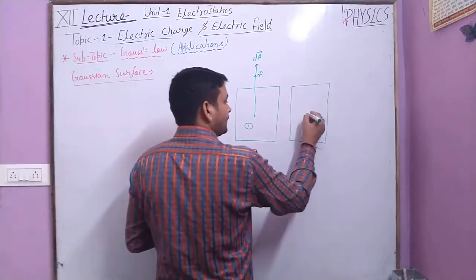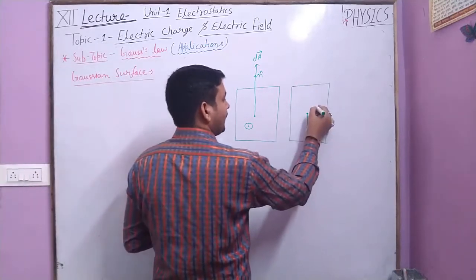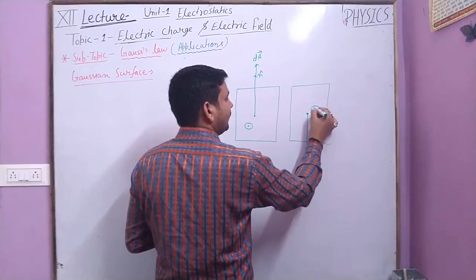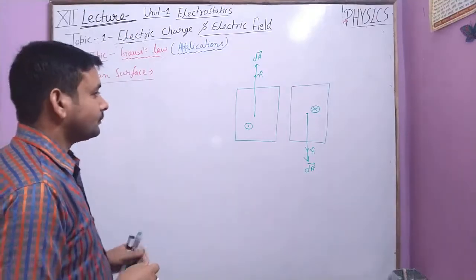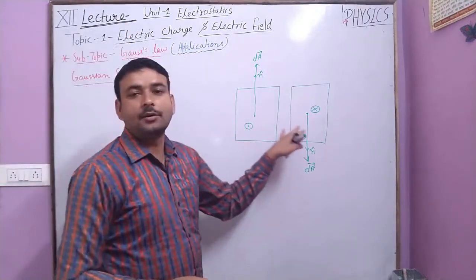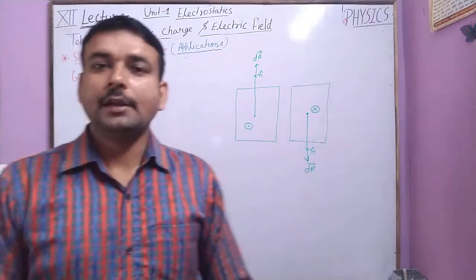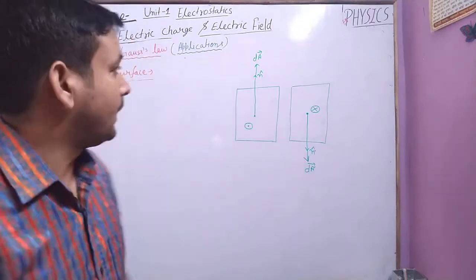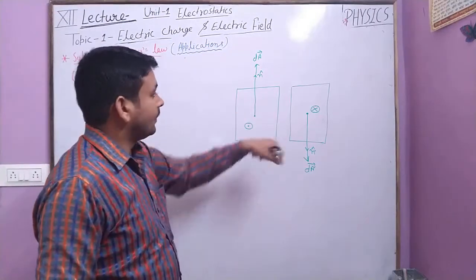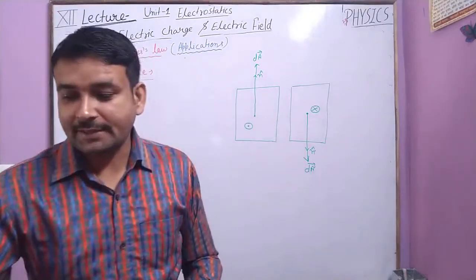So at this point the direction of the area vector is crossward, which means inward. Clear? So these are the 2 directions. We can say the area vector is inward or outward. ये 2 केसेस ऐसे हैं.